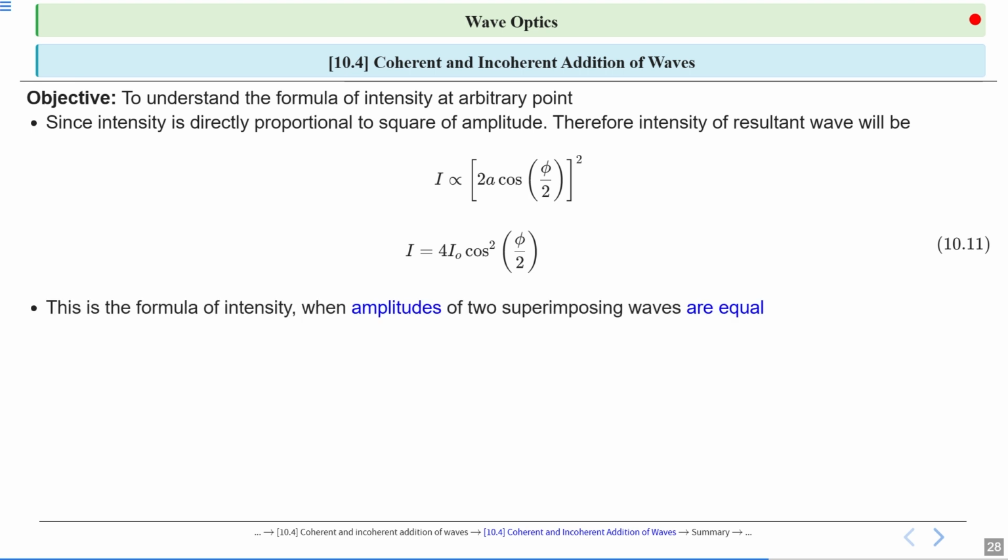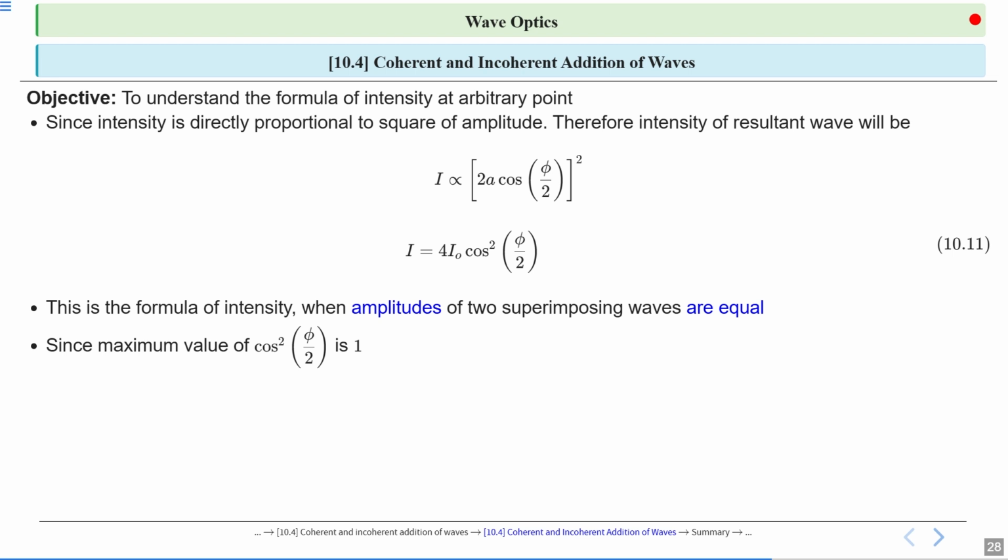This is the formula of intensity when the amplitudes of the two superimposing waves are equal. The maximum value of cos square(phi by 2) will be 1. This is the case where we have taken the maximum intensity. When waves of the same amplitude and zero phase difference superimpose, the intensity is equal to 4 I naught.